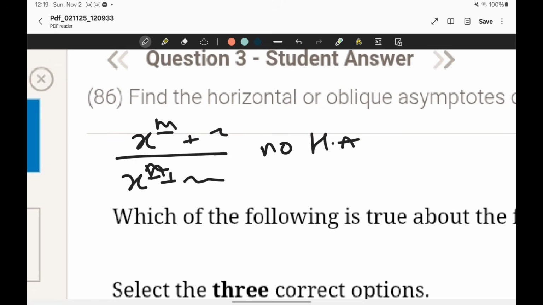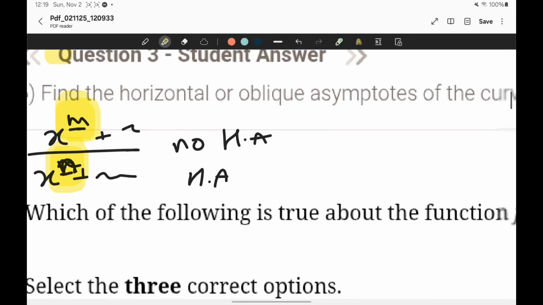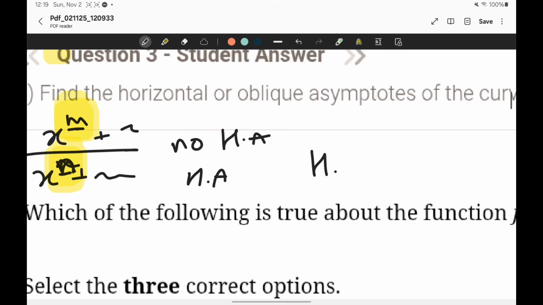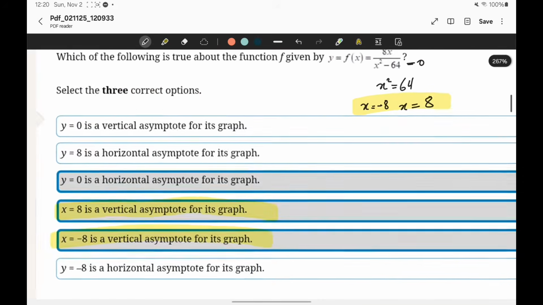If m and n are equal, so if this power is equal to this power, then the horizontal asymptote is just this number divided by this number. And if m is less than n, so the bottom is bigger, then the horizontal asymptote is just going to be 0. Those are 3 cases you should memorize.